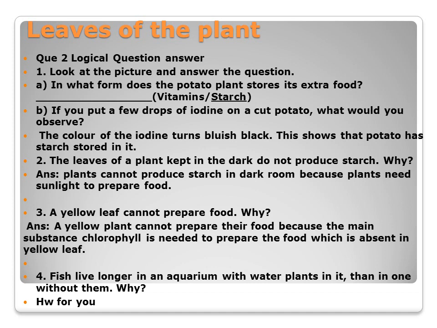If you add iodine, it will turn bluish black in color. If bluish black is there, the potato has starch. If that color is not there, there is no starch. So here the potato contains starch, so the color will be bluish black.